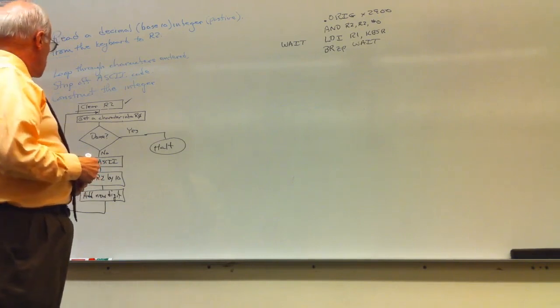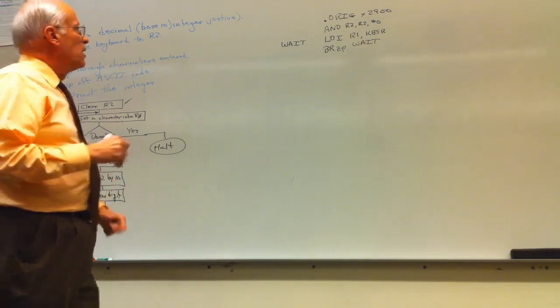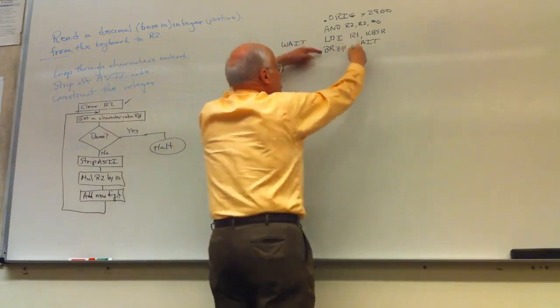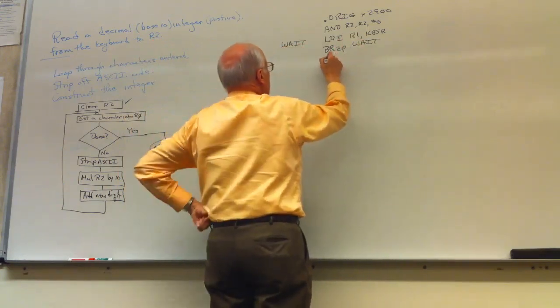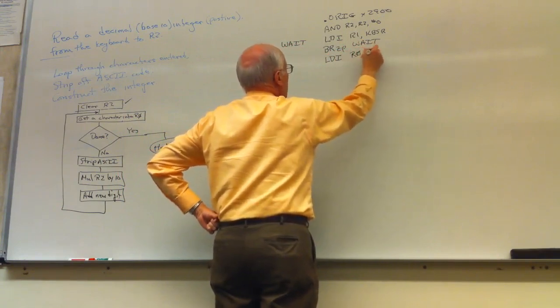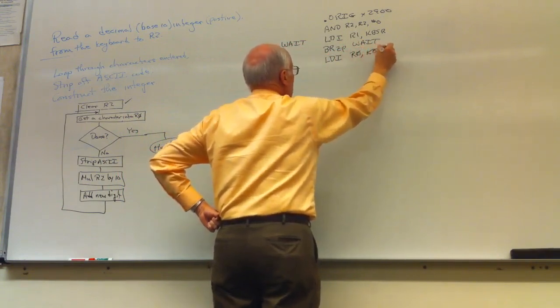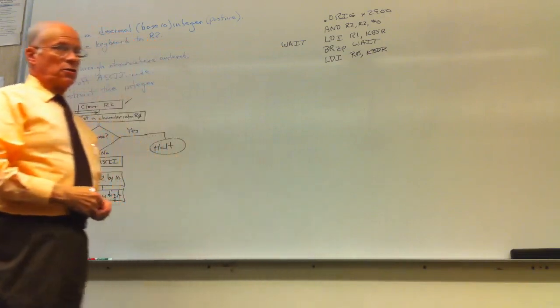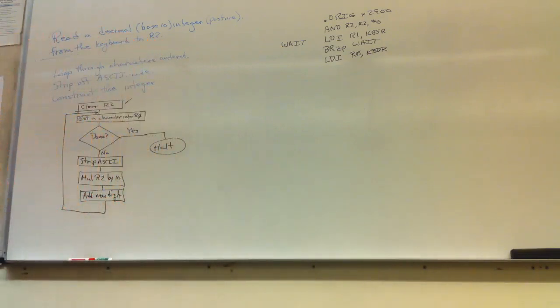So as soon as we come out of this loop, it's because there's something there. So we'll load register 0 indirectly, keyboard data register. Now remember, you get one shot at that data register.